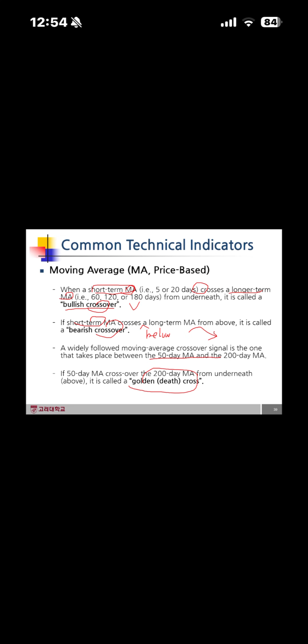It's a very golden opportunity to buy the stock. On the contrary, when the 50-day moving average falls below the 200-day, it is called a death cross, meaning there might be a huge downward trend coming.